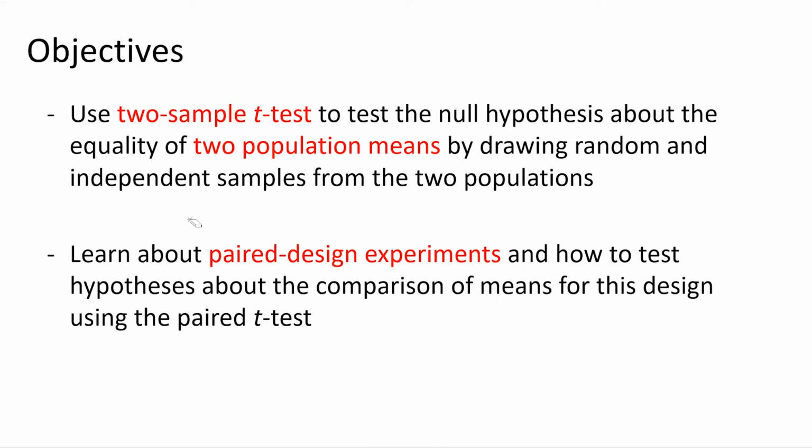So we draw samples from these 2 populations. We're testing, are these samples from these 2 populations approximately equal? If the samples are approximately equal, it means the population means are maybe equal as well. We'd probably take more samples to actually test that.